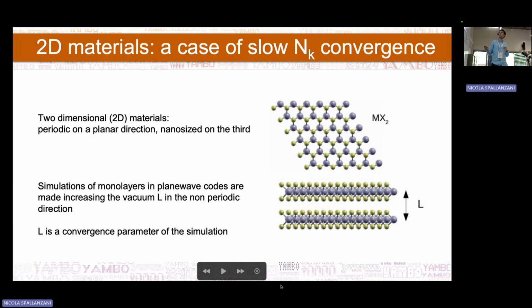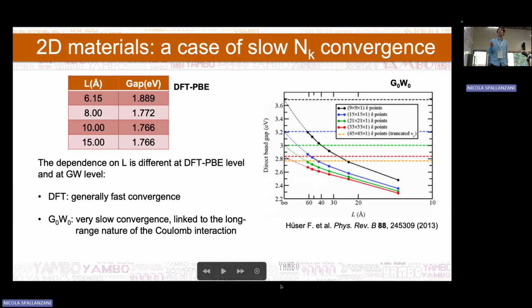To avoid communication between the layers, what you do is increase the distance between the layers in your simulation to the vacuum size. And this is a convergence parameter. You need to do that. In the DFT computation, everything is fine: the convergence of the vacuum is very fast, between like 10, 15 nanometers. You have convergence here.